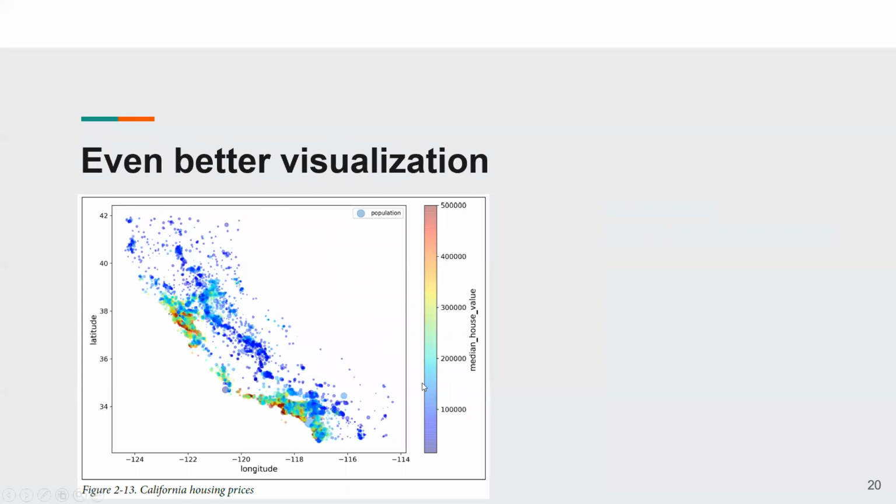You could even use the median house value to represent different colors, so that you see, okay, here is more expensive. Those two areas are more expensive than the rest, which would be the San Francisco area and the Los Angeles area.